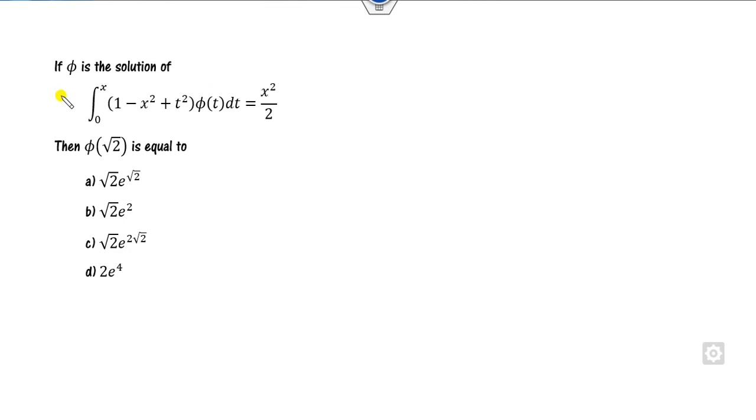Then what you can do is simply take the partial derivative with respect to x on both sides. When you take the partial derivative, it becomes minus 2x phi of t, plus, when you take t as x, it will be 1 phi of x, and the right side is x. So now integrate with respect to t.